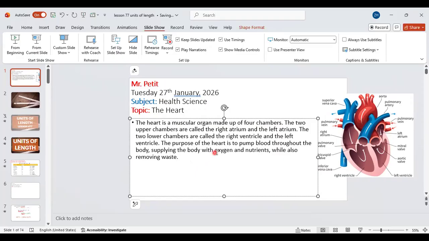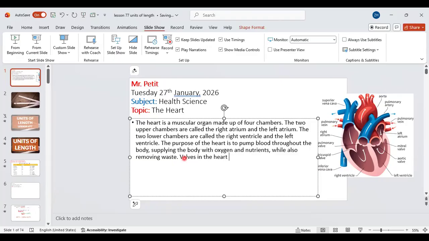All right, so the purpose of the heart is to pump blood throughout the body, supplying the body with oxygen and nutrients, while also removing waste. And we're talking about waste like carbon dioxide, right? Because we exhale carbon dioxide. Now, valves in the heart.